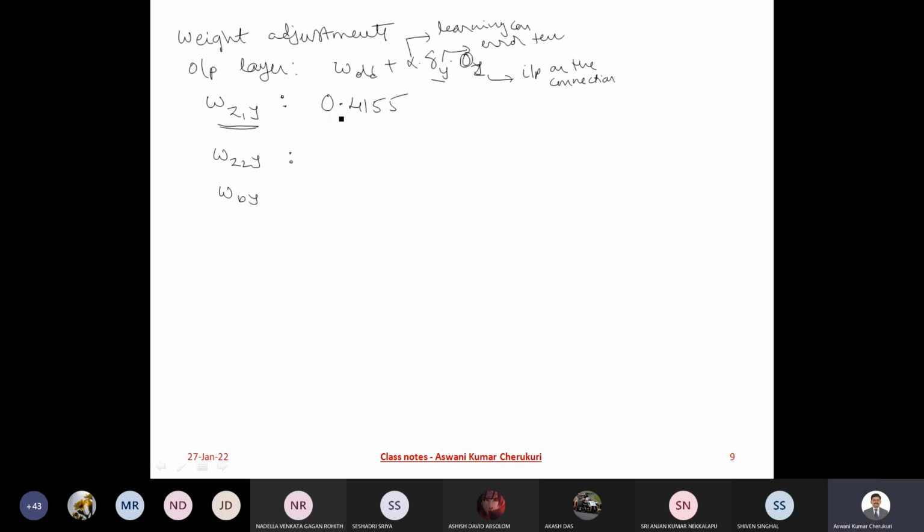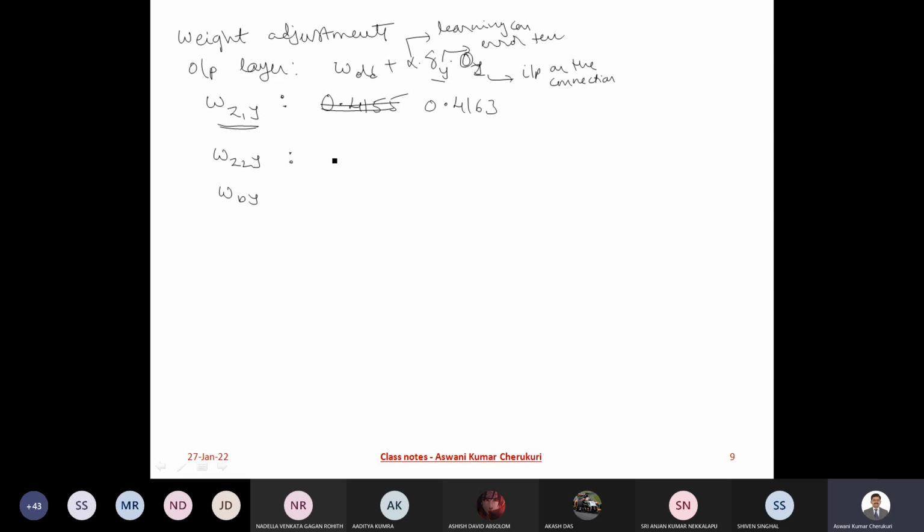Now tell me, I think this number is wrong. Sir, 0.4163. Yes, sir, 0.4163. Please, all of you remember once again, when we are modifying the connection weight, we look at the corresponding input over that particular connection. In this case, it is the output layer, so that is the output coming from the hidden layer.